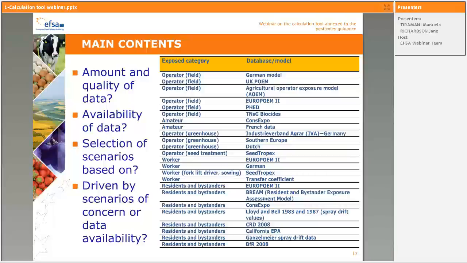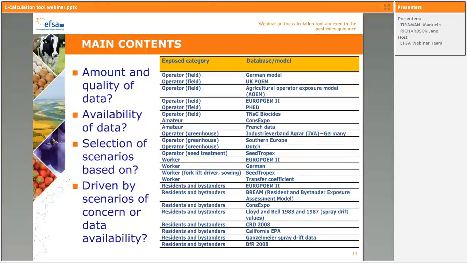With regard to the data considered for the preparation of the guidance and the calculator, you can see them on the screen now. And when we prepared the guidance and the calculator, we went through as many data as possible, the data we had access to, and the data that we could check what the information behind was.